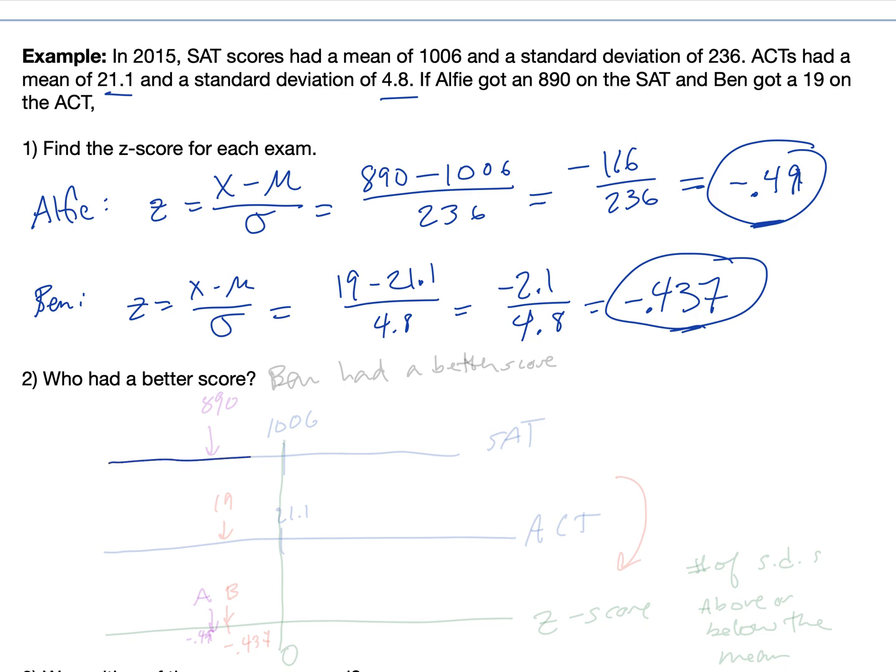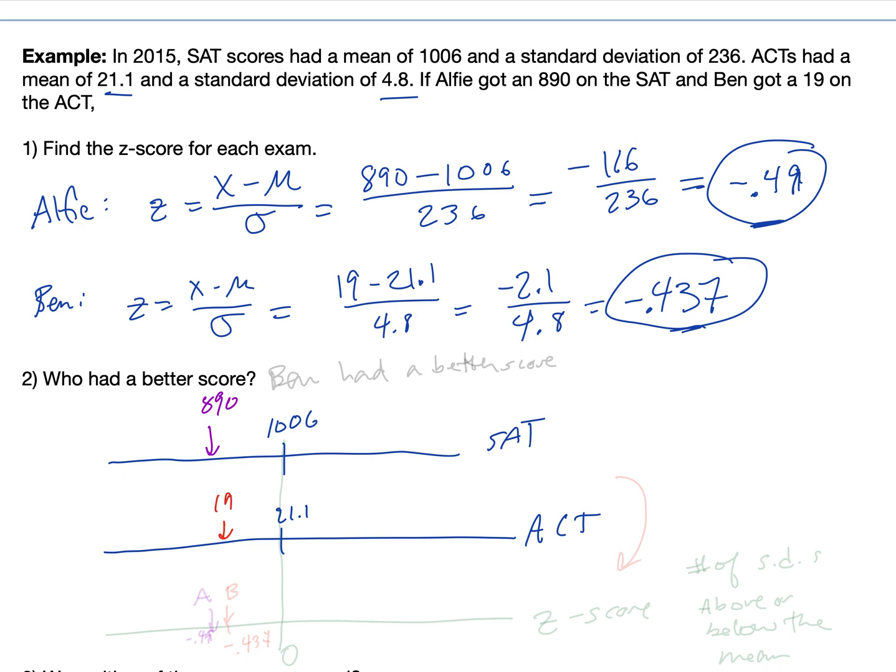Thinking about these exams, we've got the mean for the SAT, which was 1006, and the mean for the ACT, which is 21.1. And then we have our scores for Alfie and Ben. Alfie had an 890, and Ben had a 19.